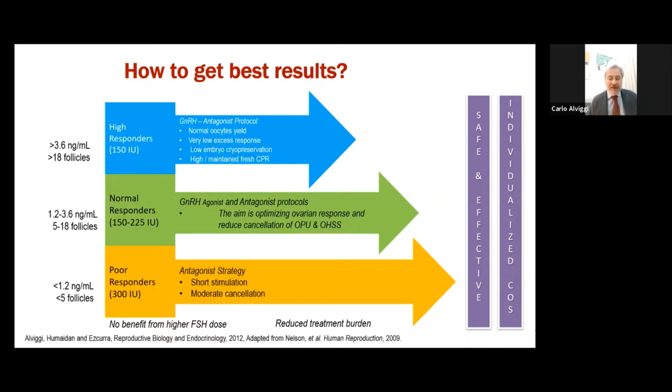What we understood in the last years is that we can stratify patient according to ovarian reserve. So we can have a patient with a good ovarian reserve, meaning anti-Mullerian hormone or follicular count in the range of normality. And so we call this patient good prognosis patient. We have a patient with higher ovarian reserve that probably have a higher risk of complication, including OHSS, and low prognosis patient that we usually identify with the poor ovarian response, meaning a patient with a very low ovarian reserve.